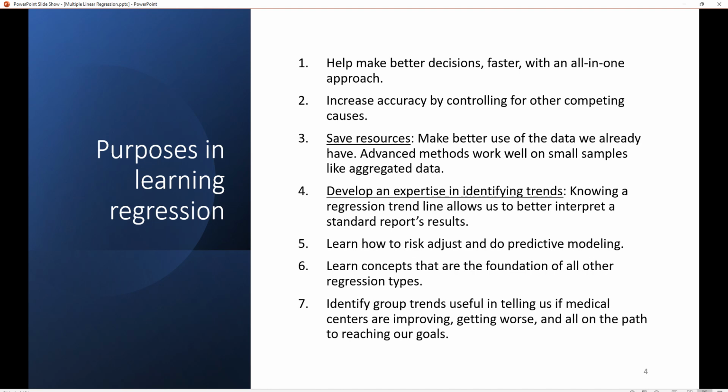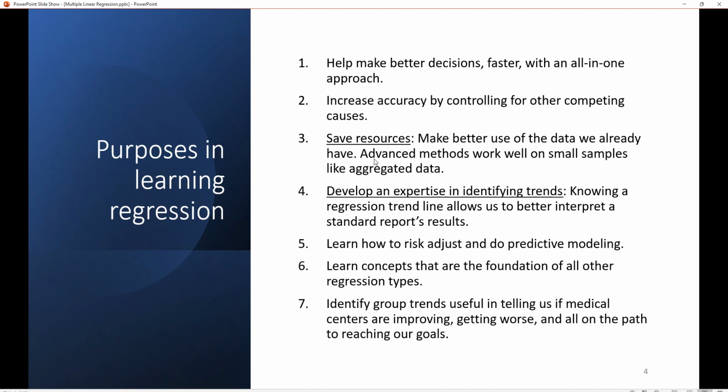But if we have both of these in the same regression model, that gives us more accurate results in a more efficient way, rather than separating data into different gender groups and then slicing that by different age groups, such as 65 and over versus those younger. We can do this all at once, and we can control for competing causes to give each predictor an accurate estimate of its effect on the outcome.